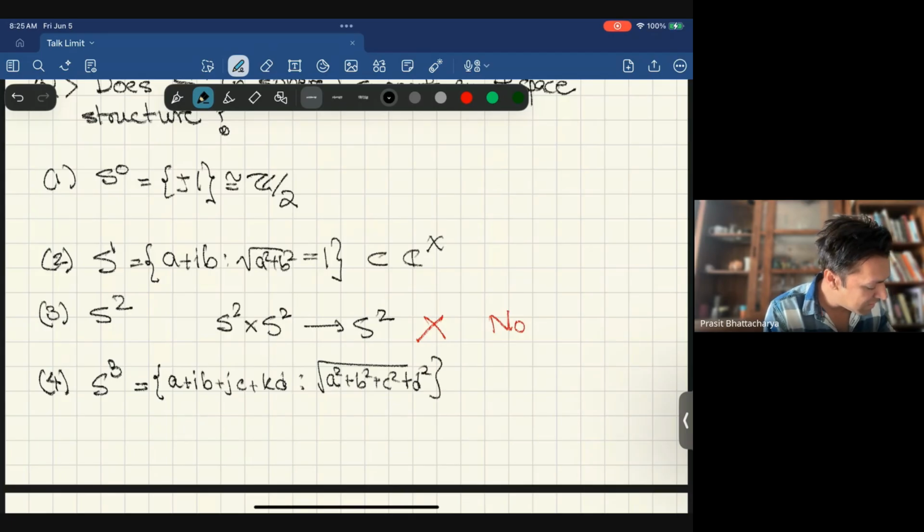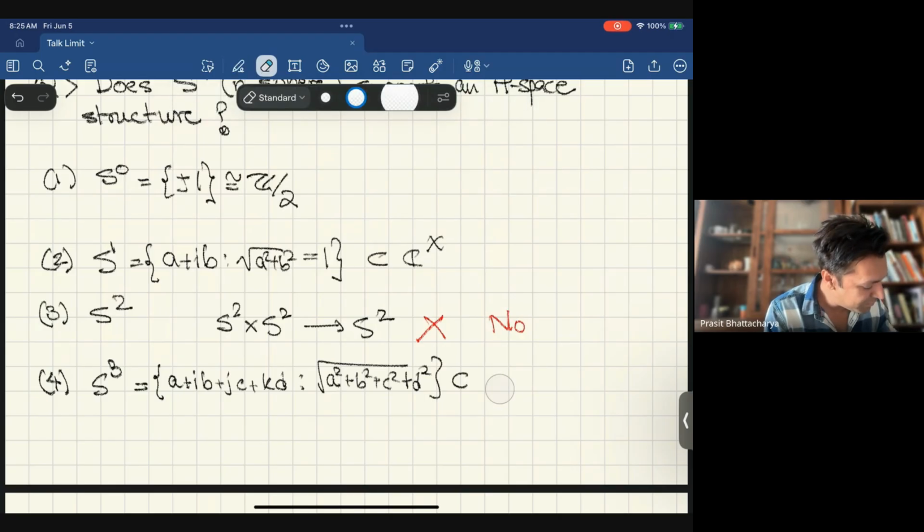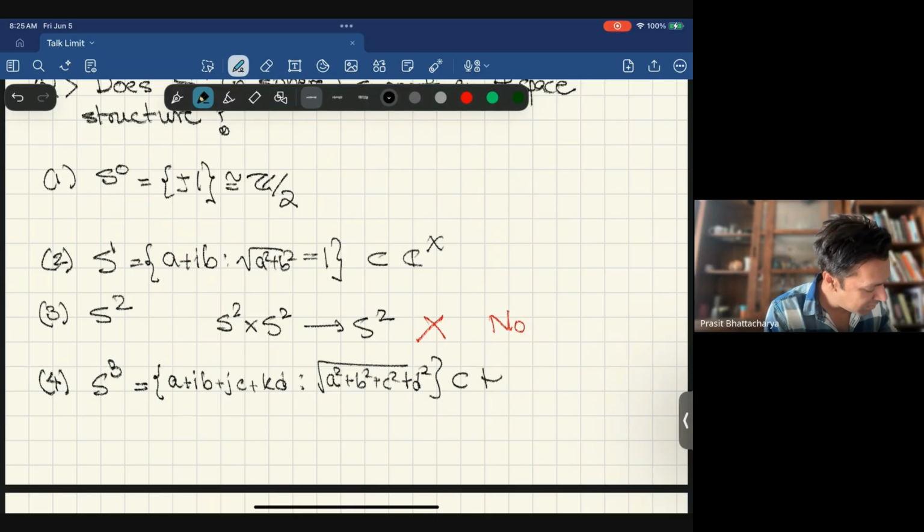These are the unit length quaternions, often denoted by H, which stands for Hamilton.